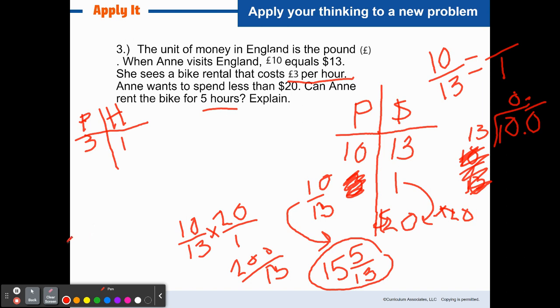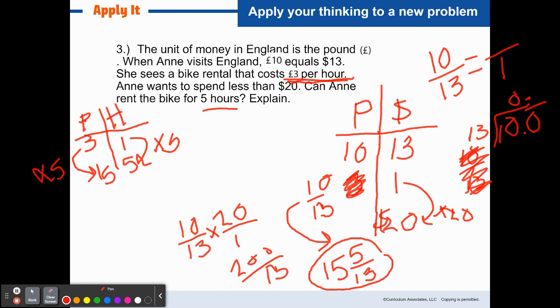So, again, 3 pounds per hour. She wants 5 hours. Times 5. 15. So it's going to cost her 15 pounds for 5 hours.